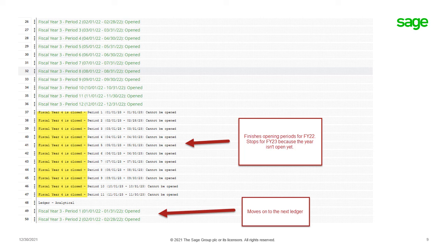So it stops there because the year isn't open yet. And then it continues on to the next ledger, opening fiscal year 22.